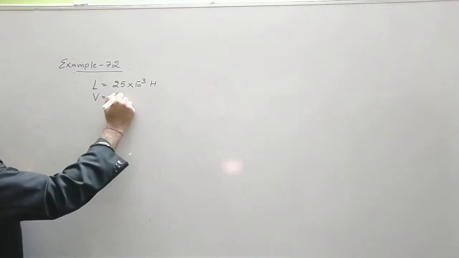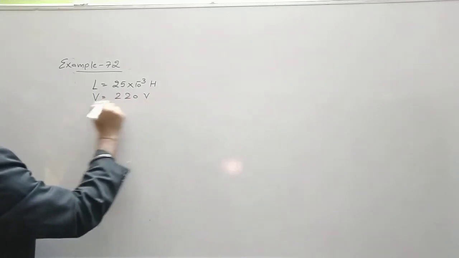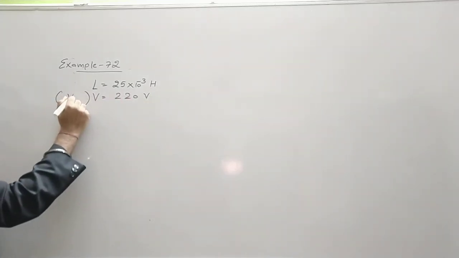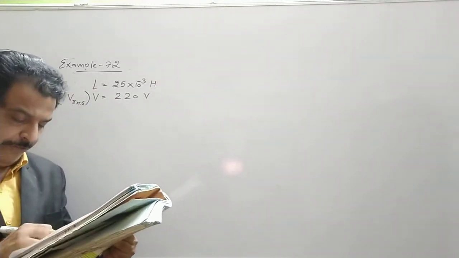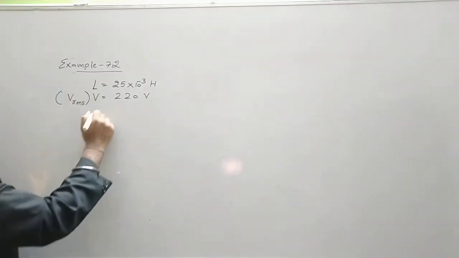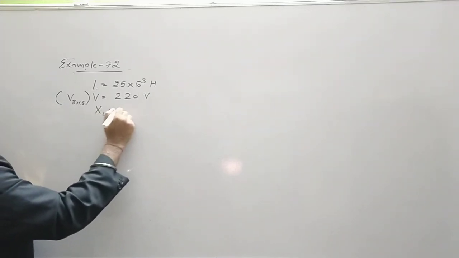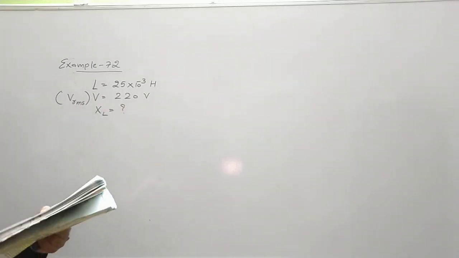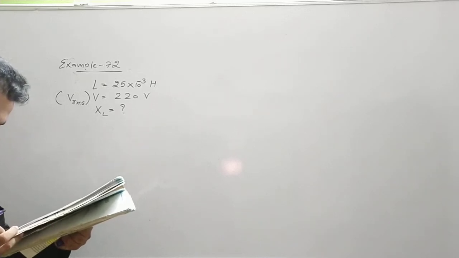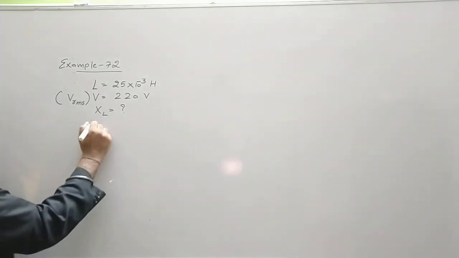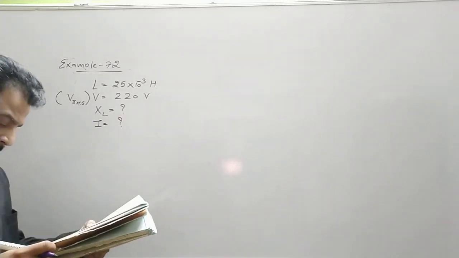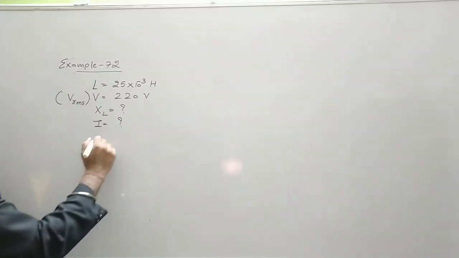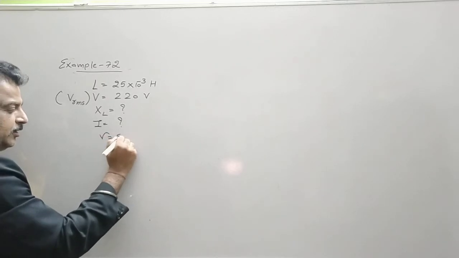So the V is 220 volt, and we should remember this V is actually Vrms. Find the inductive reactance, that is XL, and the RMS current in the circuit, that is capital I, if the frequency of the source is 50 Hz.